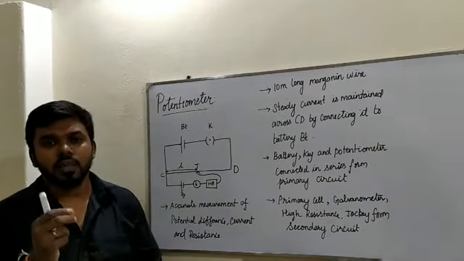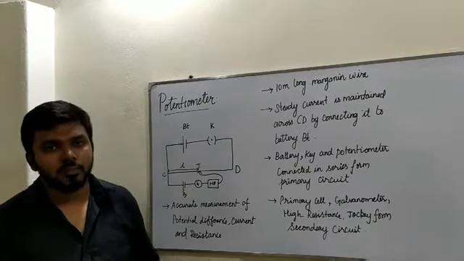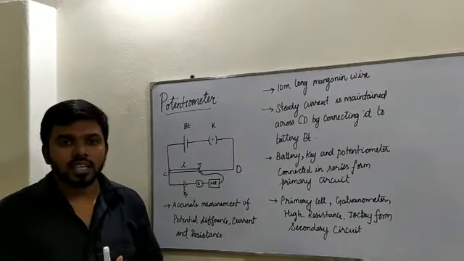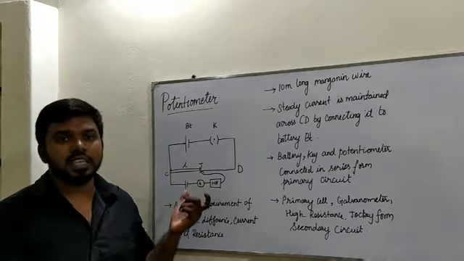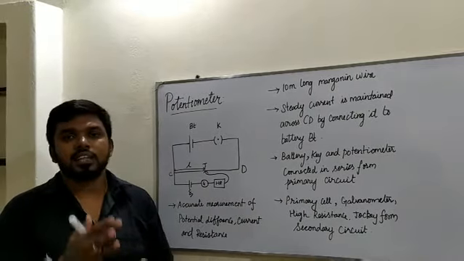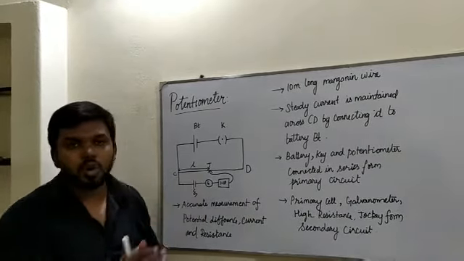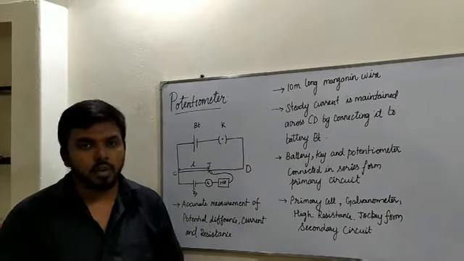A contact is made by the jockey on the potentiometer at a point J, so that the potential difference across CJ is equal to the EMF of the cell, which means there is no current passing through the galvanometer, resulting in no deflection in the galvanometer.